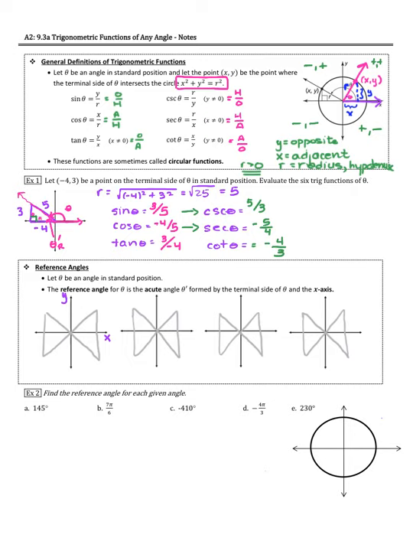So for instance, if I'm in the first quadrant here, I'm using the little portion of the bow tie that's in the first quadrant. Here is my theta. The reference angle is always the angle that your triangle will make with the nearest x-axis.